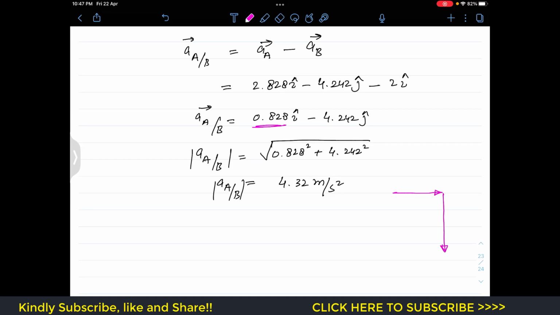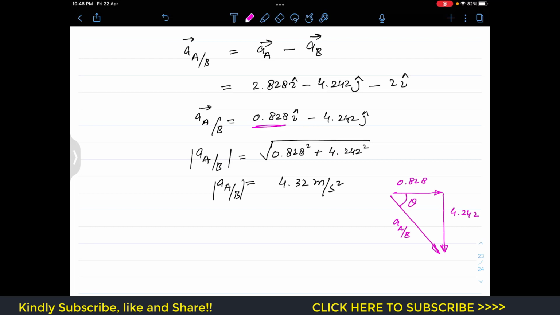So let's say this is that component, and these are the components of the acceleration of A with respect to B. So this is 0.828, this is 4.242, and this is the acceleration of A with respect to B.